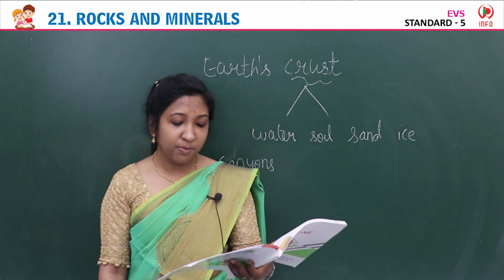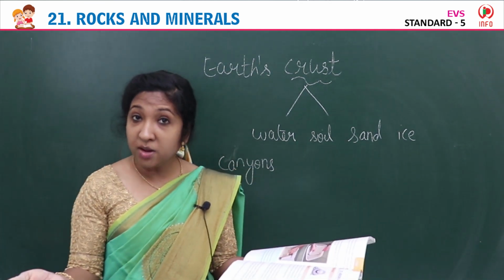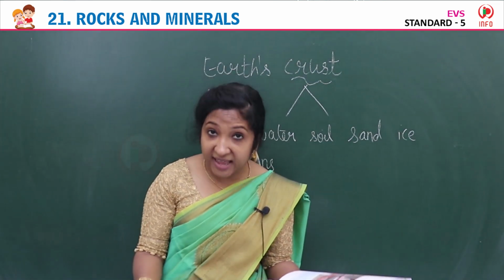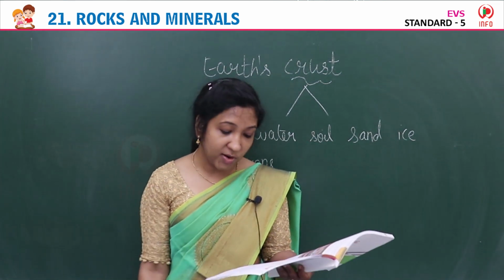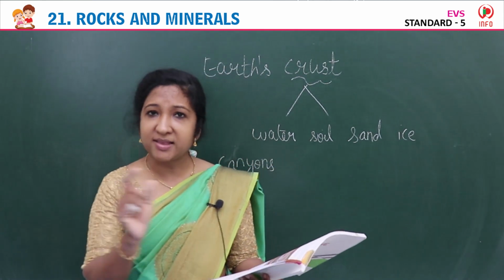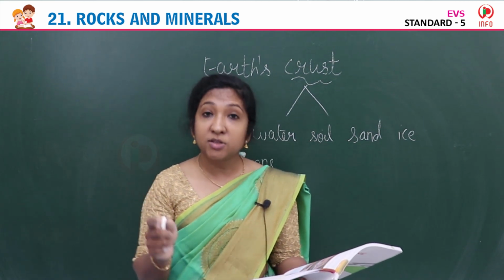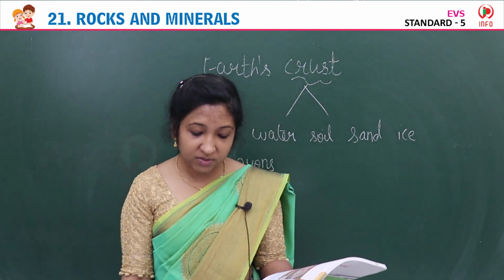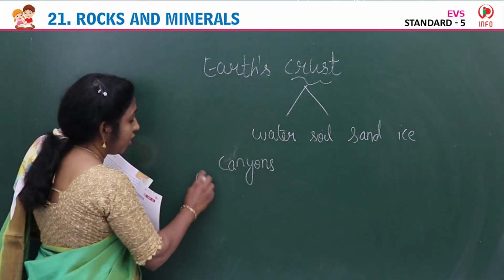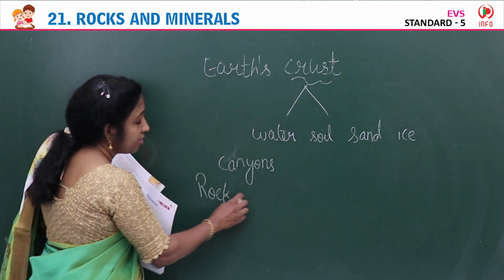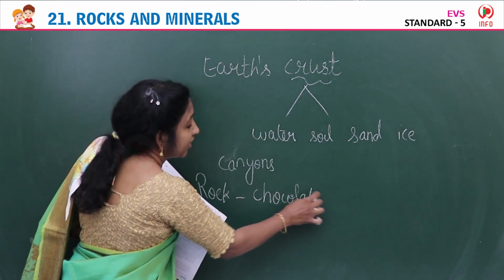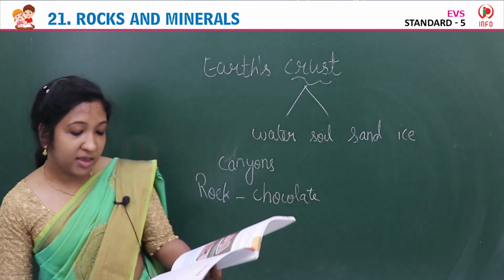A rock is made up of two or more minerals. In a rock, we can see many minerals, two or more. Think of a chocolate chip cookie as a rock. Example they have given us. So compare a rock to a chocolate chip cookie.